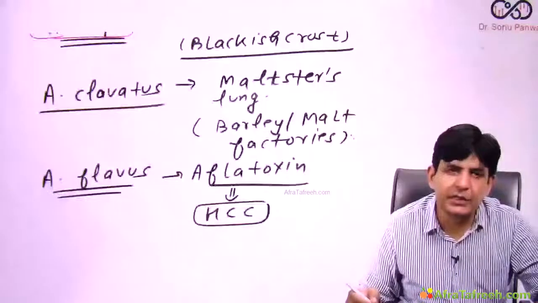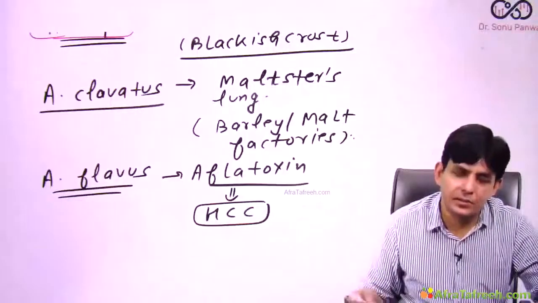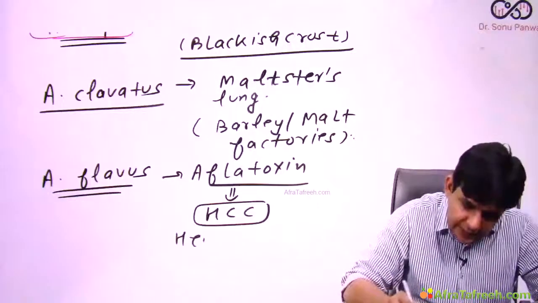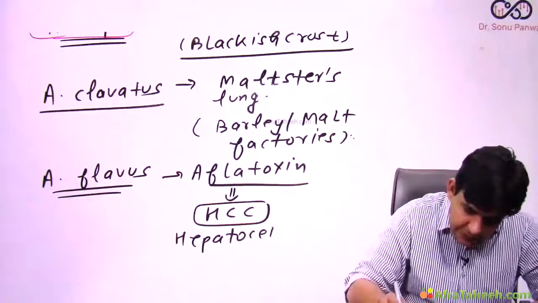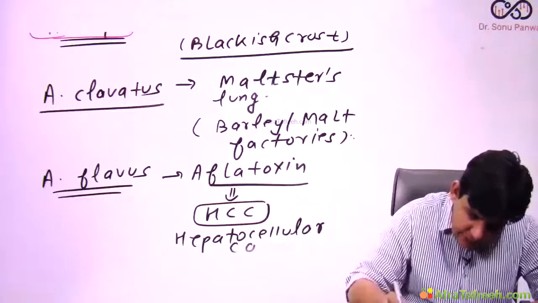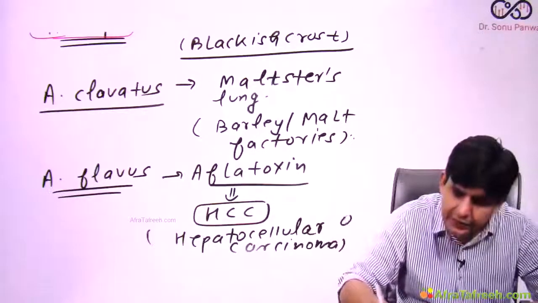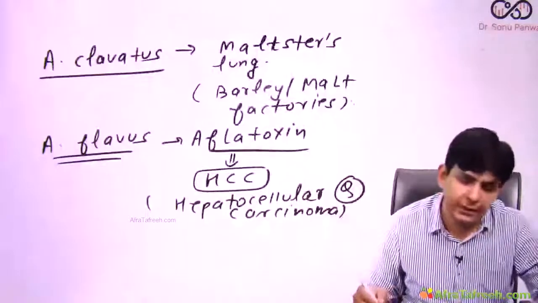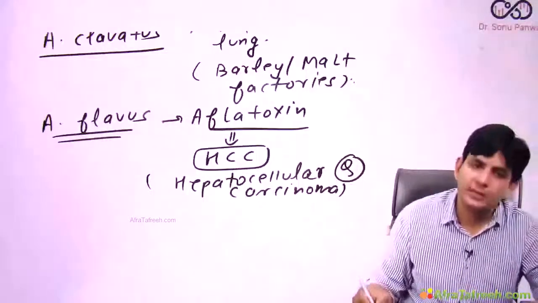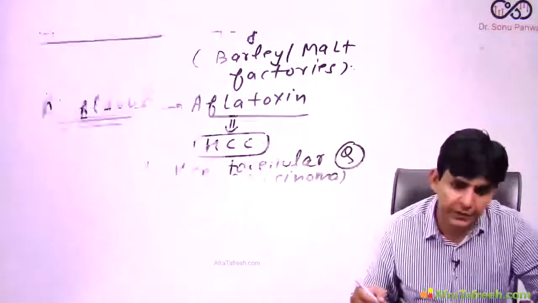HCC. And what is HCC? Hepatocellular carcinoma. Another question: which Aspergillus relates with carcinoma? The answer is flavus. So remember all of these important Aspergillus species which we have discussed.